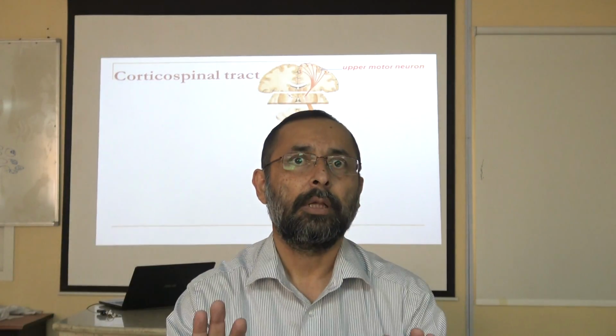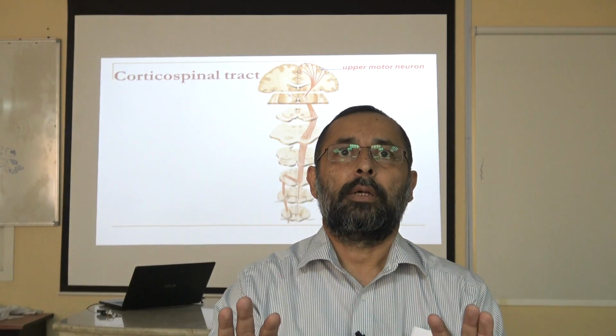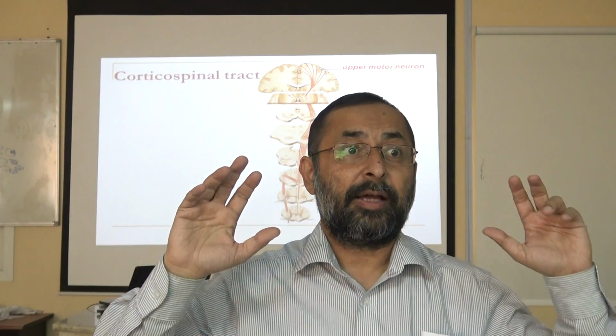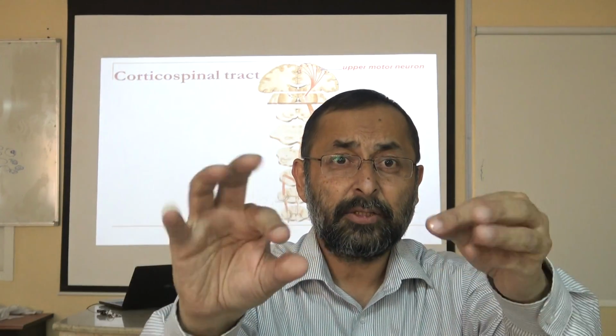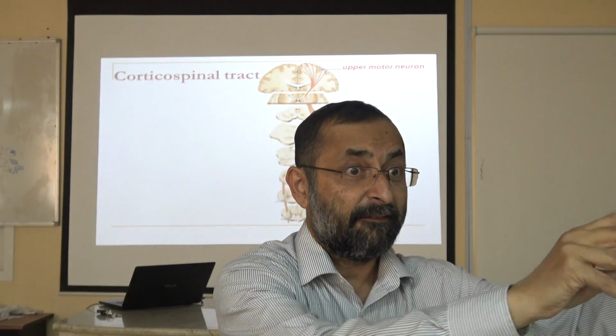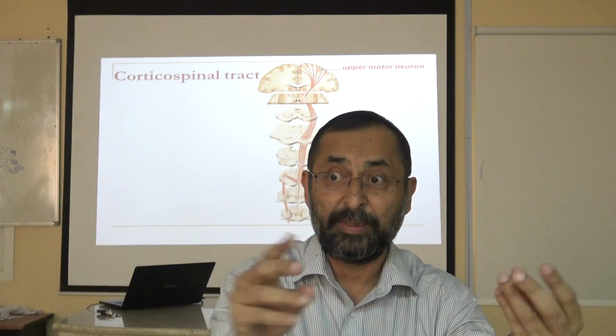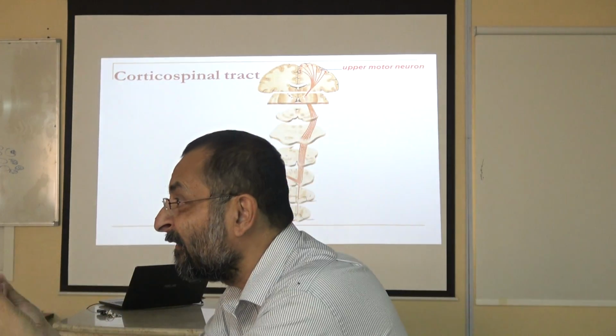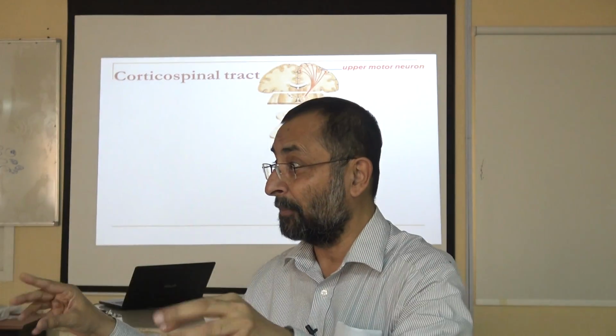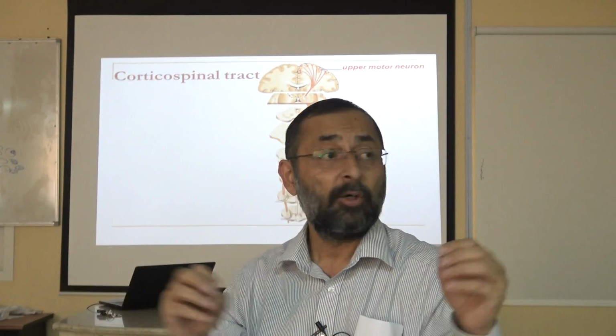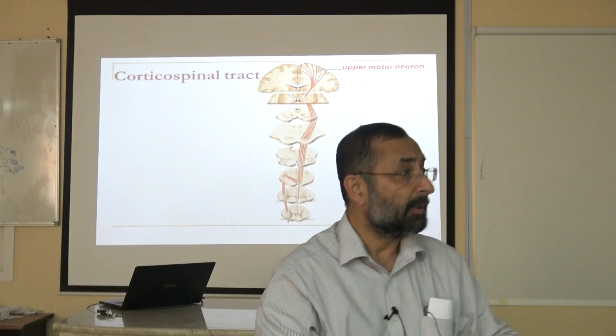Now, corticospinal tracts are the main controllers of voluntary movements, our fine skillful movements, the best movements which we perform with the fingers or with the hands, the perfect movements.